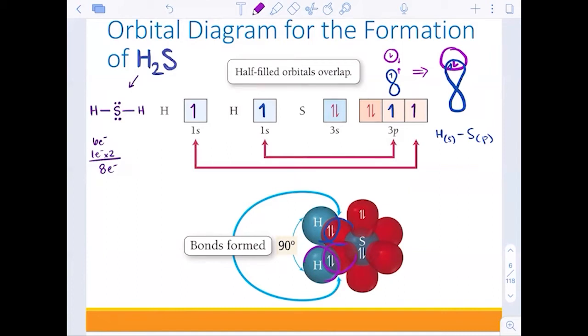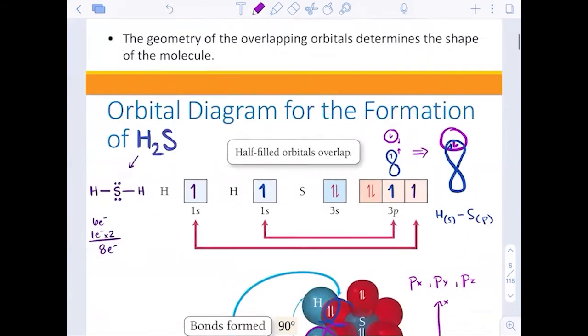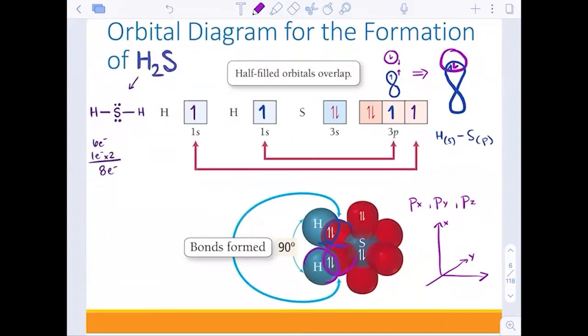Now, what we would predict here with valence bond theory is that the bonds formed are about 90 degrees in H2S. The reason for that is because when we look at the p orbitals, remember the px, the py, and the pz were on that 3D Cartesian plane, all 90 degrees from each other. And so that's where we can get that 90-degree outlook.